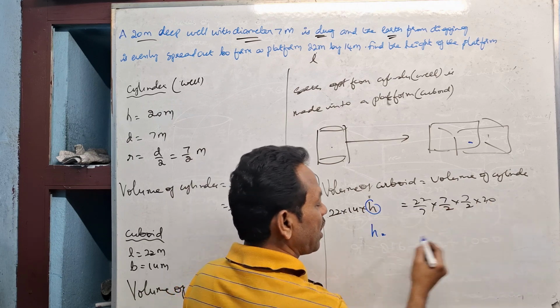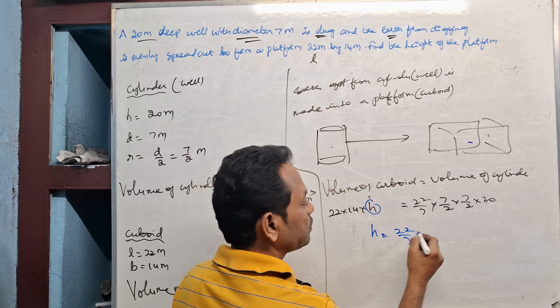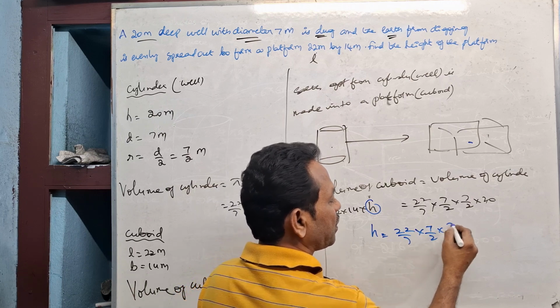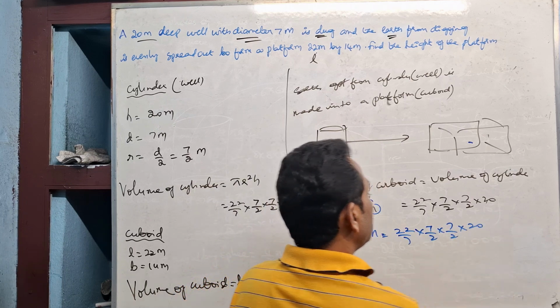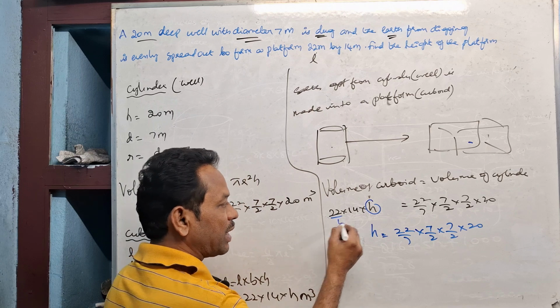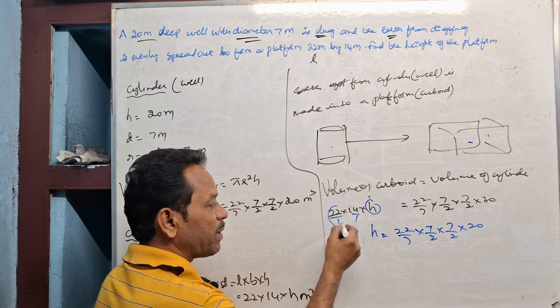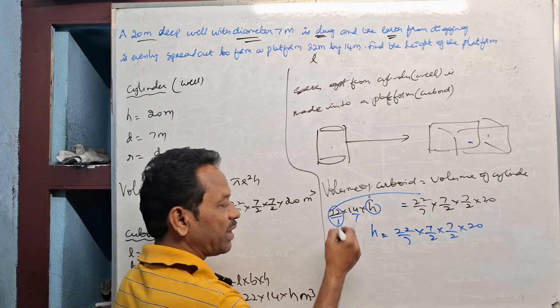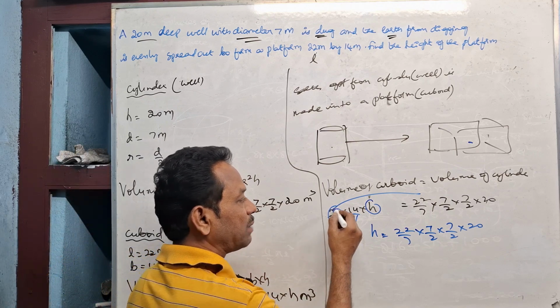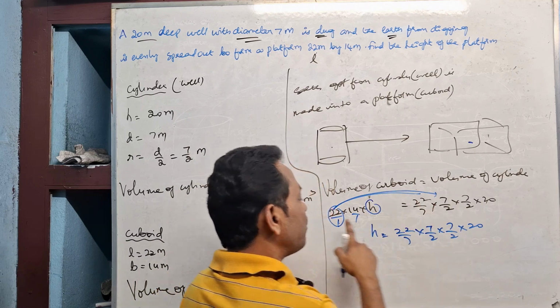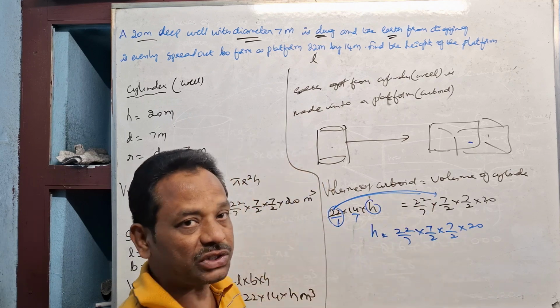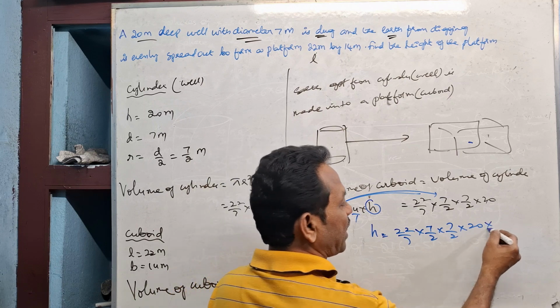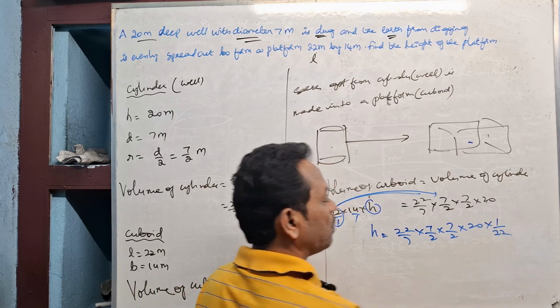Let me take a 1 and 1 here. 22 by 1 is shifted from LHS to RHS. Whenever a fraction is shifted from LHS to RHS, we have to write the reciprocal of that fraction. So let me take 1 by 22.